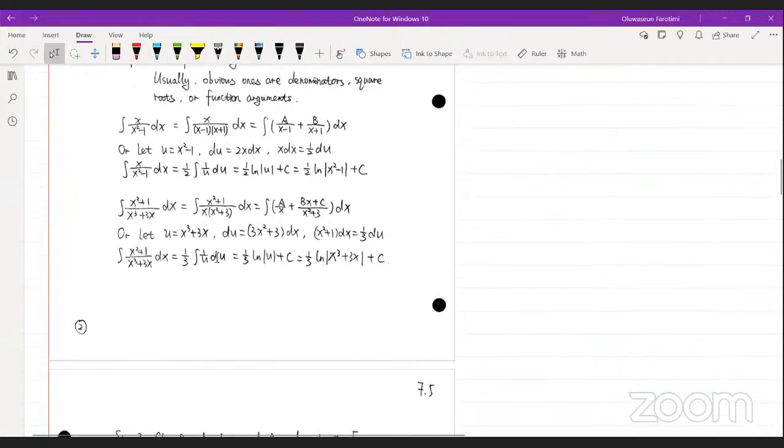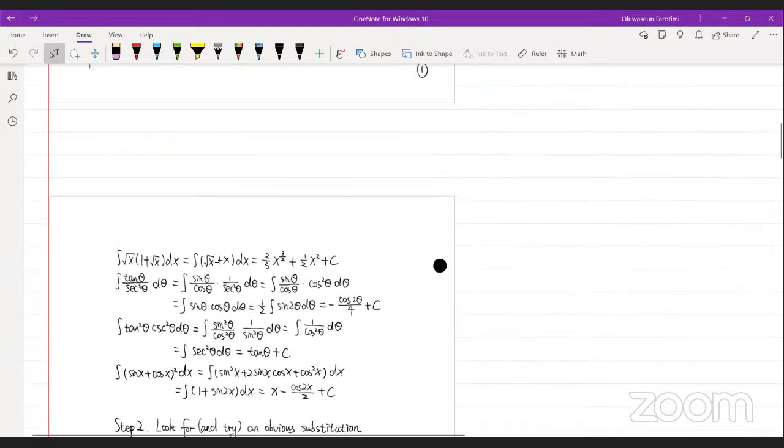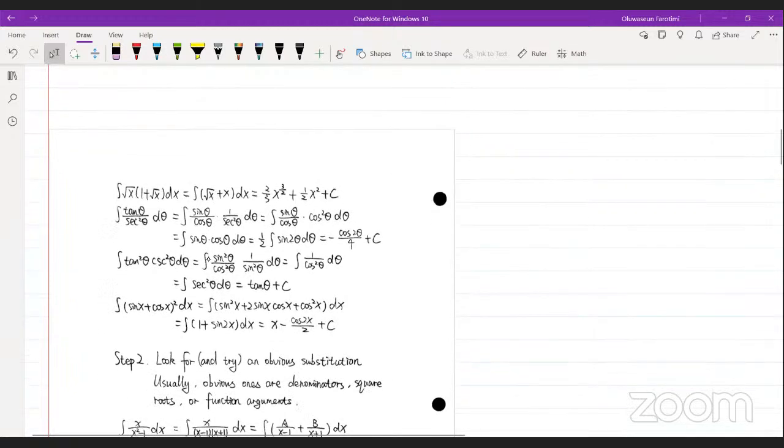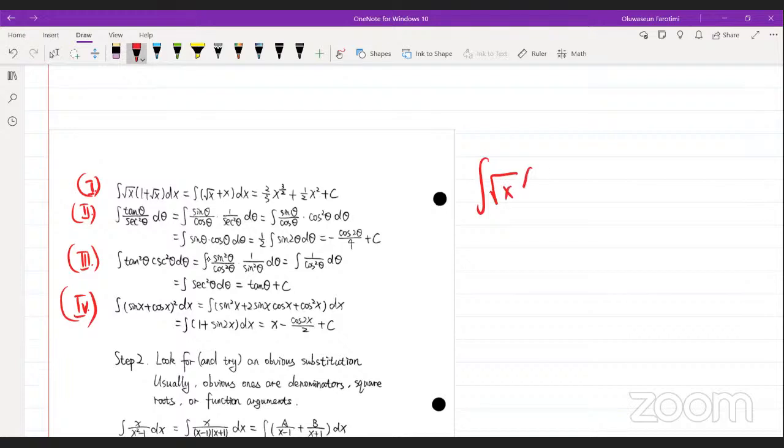A good way to think about that is this. These are various examples. Let's call this example 1, this example 2, this is 3, this is 4. I do have a square root of x. Let me just pick the first one. To simplify the integrand in this case, just distribute, right?